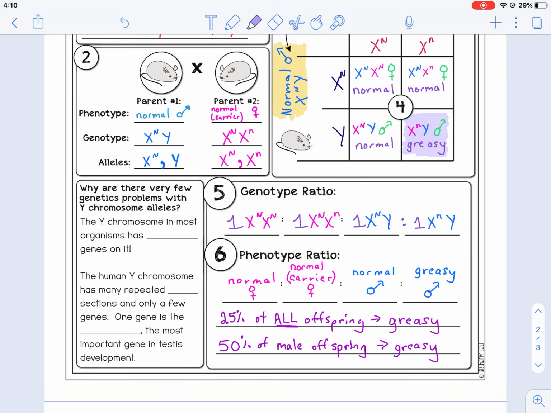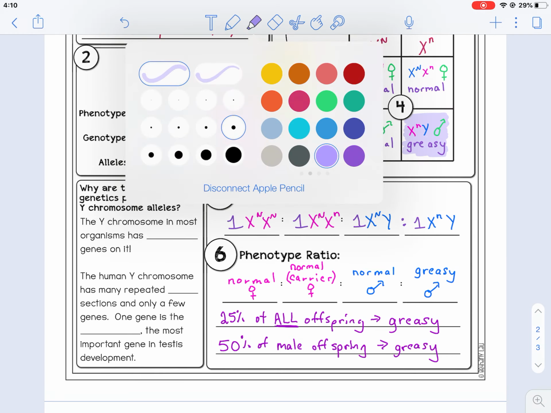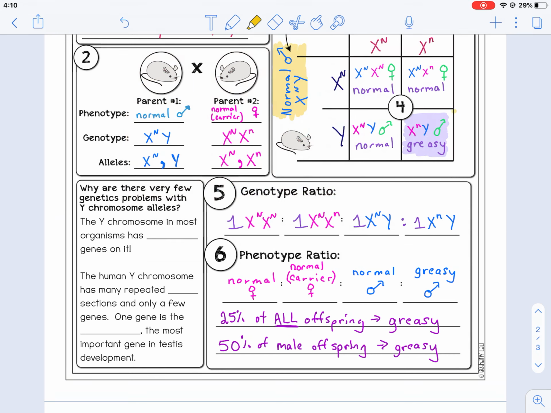I want you to be clear that that's what we're talking about. 50% of male offspring, okay, would be greasy. That only represents 25% of all of the offspring.